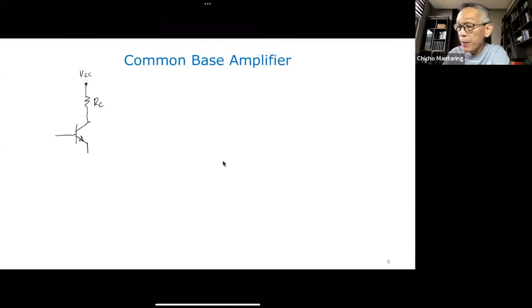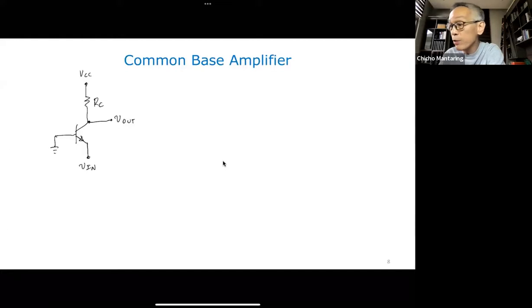My base is my reference. From the perspective of your time varying input signal or your AC signal that is grounded, I now apply my input to my emitter, and I get my output from my collector. That's your common base amplifier.